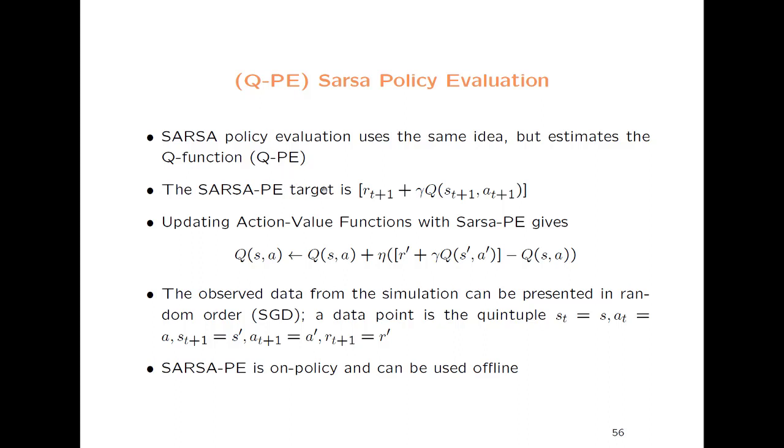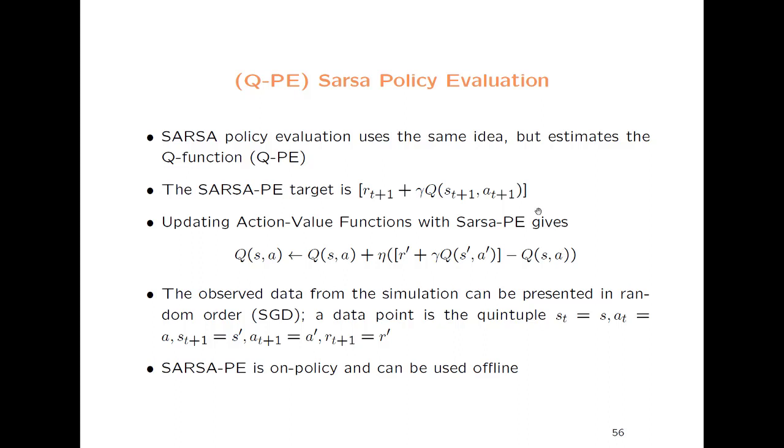So now the target is the return plus gamma times the Q function of the following state and the following action, and we can update using a very similar equation as TD0. So the new Q function is the old Q function plus learning rate times the observed return plus gamma, the Q function in the following situation, minus Q of S A.